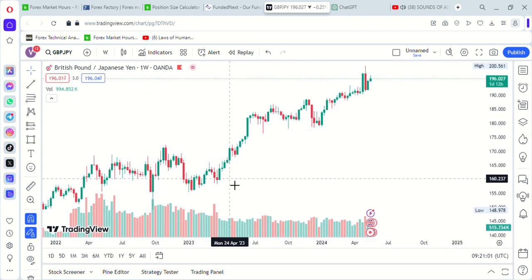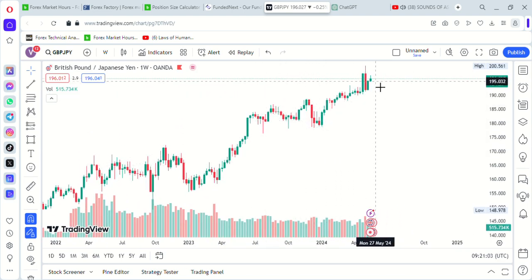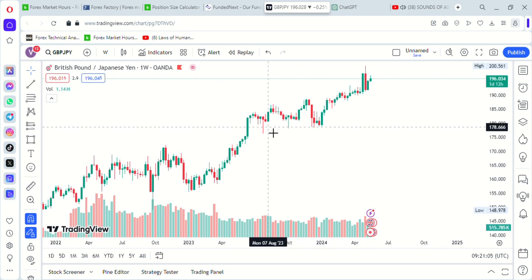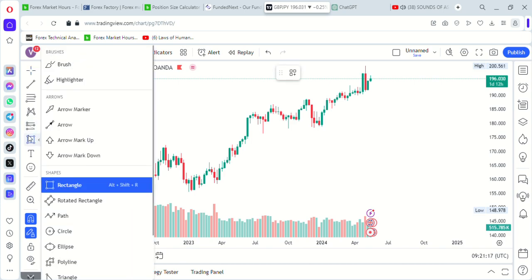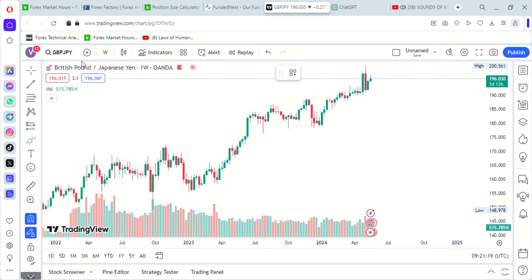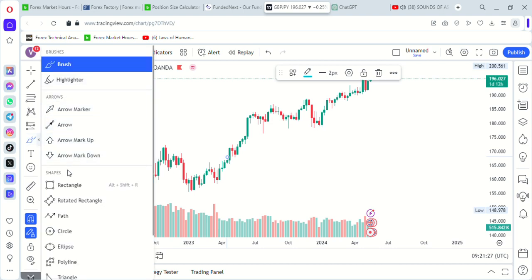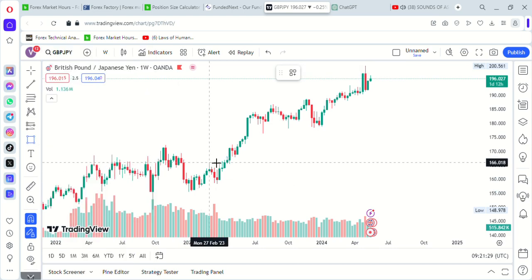So as you can see, this market is in an uptrend now, because this is a higher high. You know what a higher high is? We can see a high here.